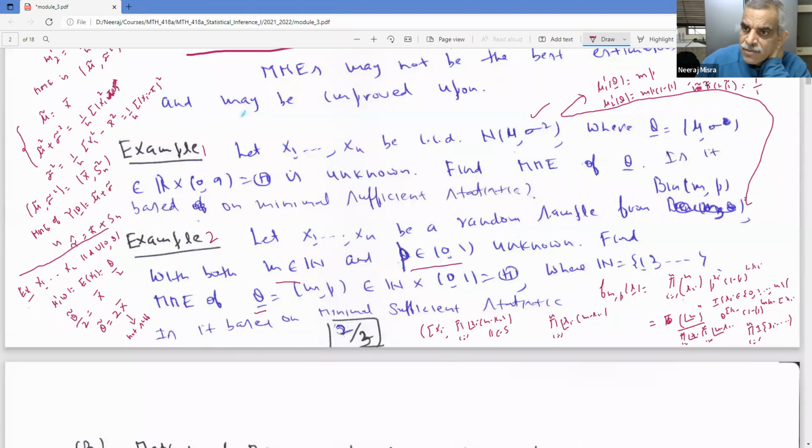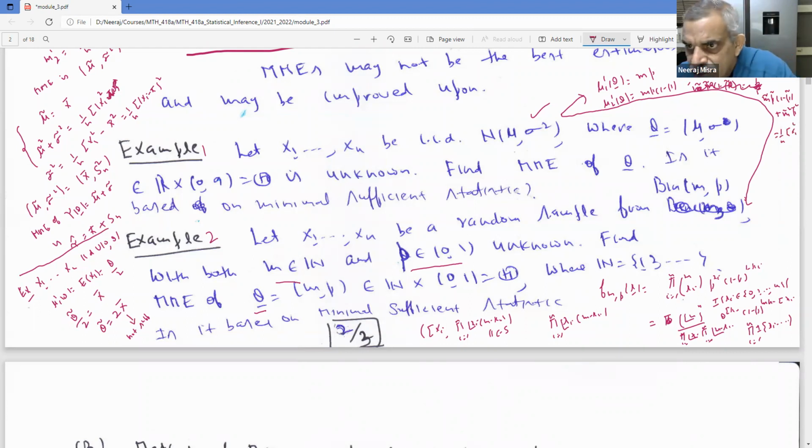sorry, second moment I have to look at, right? These are variance. Second moment is not this quantity. Second moment is expected value of X square, which is variance of X1, which is mp times 1 minus p, so we can put tilde, plus expected value of X1 whole square. So M tilde P tilde times 1 minus P tilde plus M tilde square P tilde square is equal to 1 upon n summation Xi square.